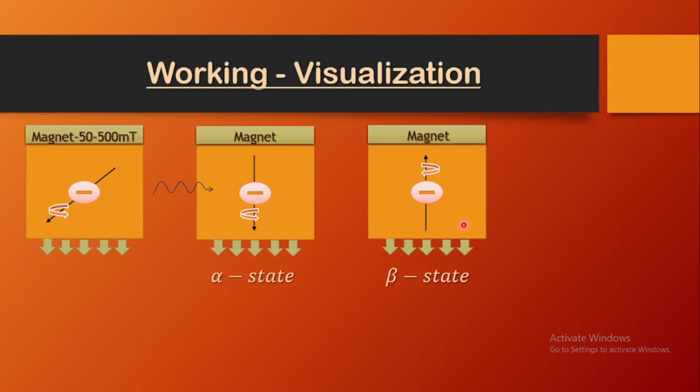And due to this type of orientation, we get a higher energy, due to which it is also called the higher energy state. And we should remember that energy in the form of radiation is applied to the alpha state to get the beta state, and microwave radiation of approximately 3 centimeter or 9 gigahertz is enough for this.